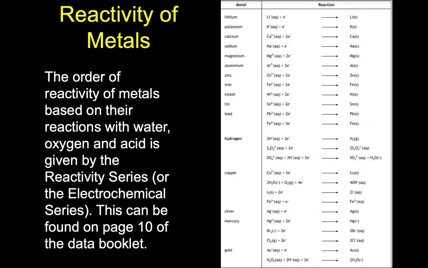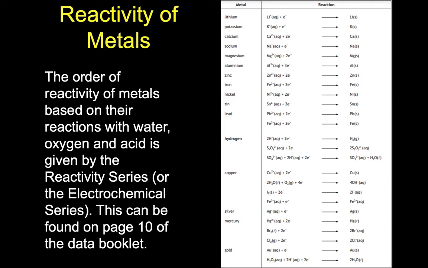The order of reactivity of metals is based upon reactions with water, oxygen and acid, and is given by the Reactivity Series, or sometimes called the Electrochemical Series, which is found on page 10 of your data booklet. So page 10 of the data booklet has this list here, and as we go from top to bottom, our metals get less reactive.